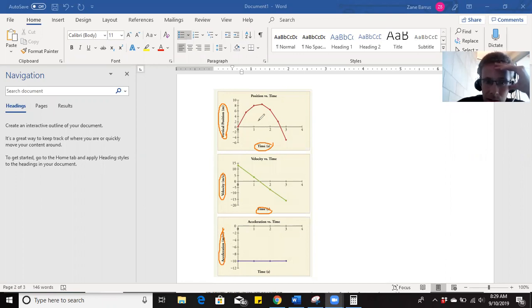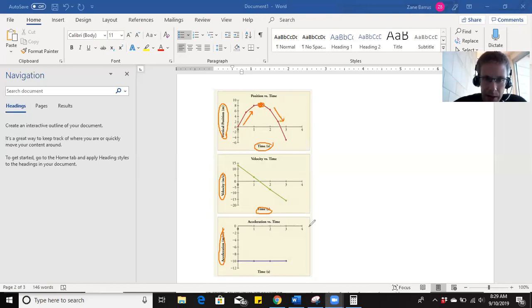So take a look at the first graph. I want you to notice something. At the top of the graph, the very peak right here, before this point, the position is going up. After this point, the position is going down.